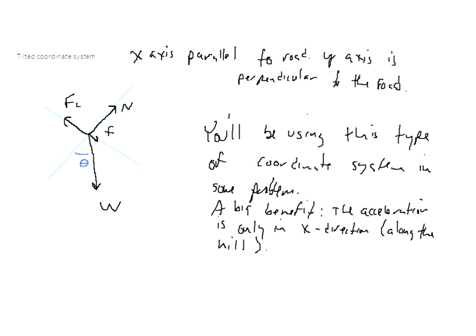In a traditional coordinate system, there would be acceleration in both directions, x and y, because it would be going sort of up and to the left like that.